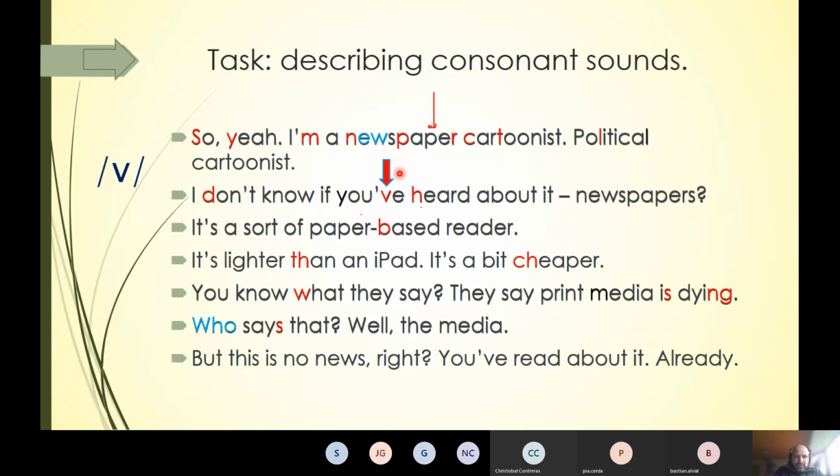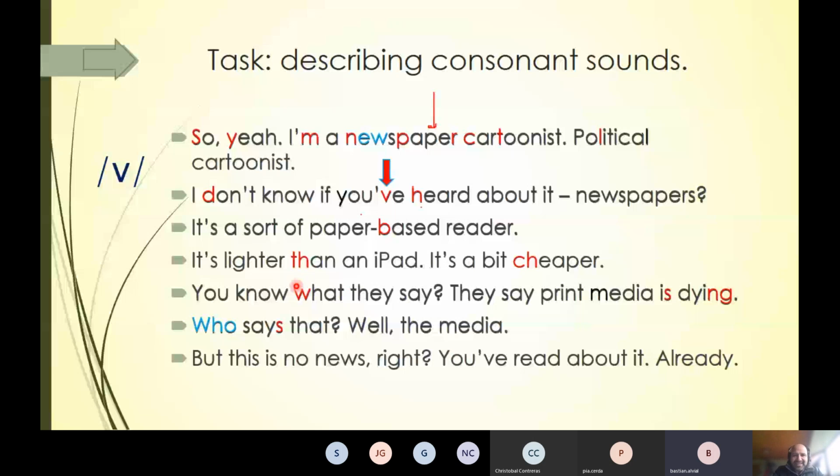If you look at the next ones, for example, the word hurt, the word based, then, cheaper, dying.